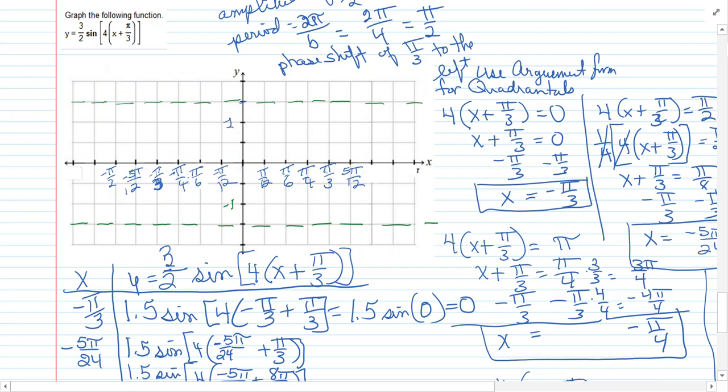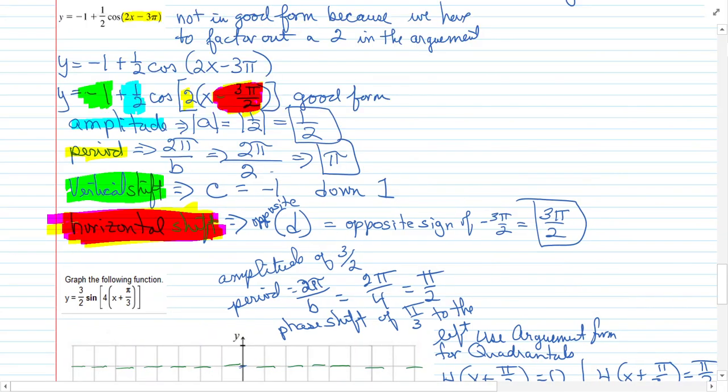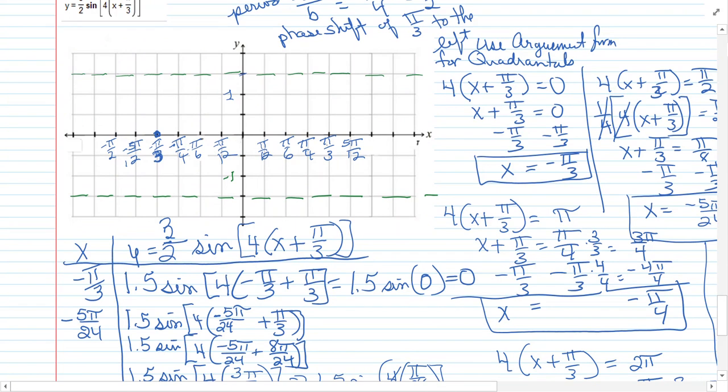Let's see what I have so far. At negative pi thirds, I have 0. At negative 5 24ths, okay, so this is negative pi thirds is 6, 5. Okay, that's right. Oops, sorry about that. That would be right there.